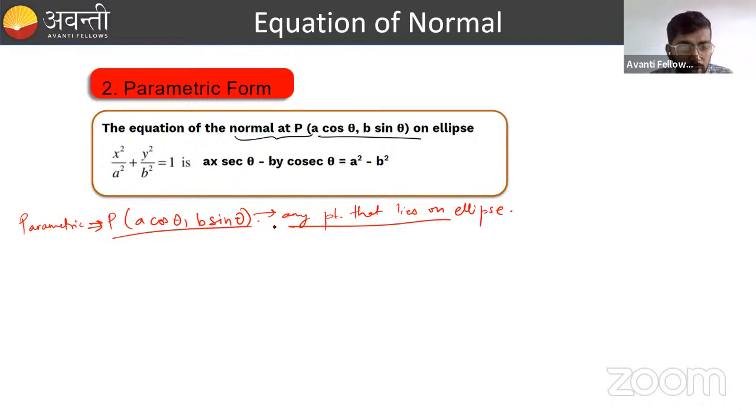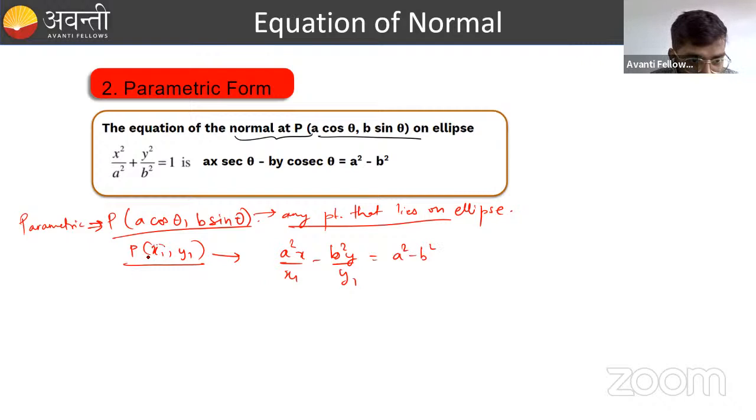Now we have already derived the equation for point (x1, y1), which was given by a square x by x1 minus b square y by y1 equals a square minus b square.